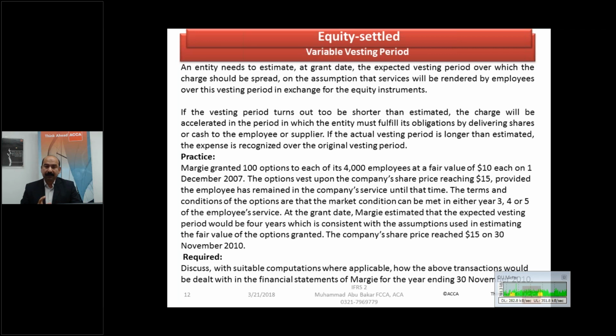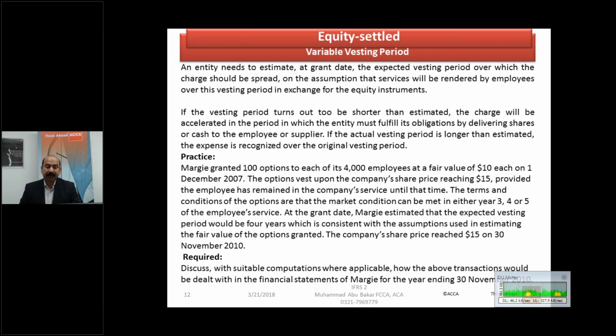That option will be granted once the share price, please note this, reaches $15, provided the employee has remained in the company's service until that time. The terms and conditions of the options are that the market condition can be met in either year 3, 4, or 5 of the employee's service.